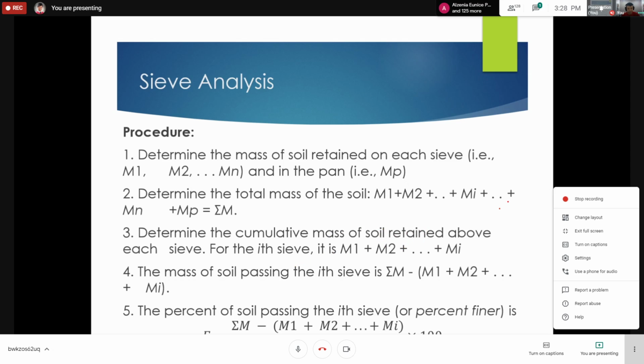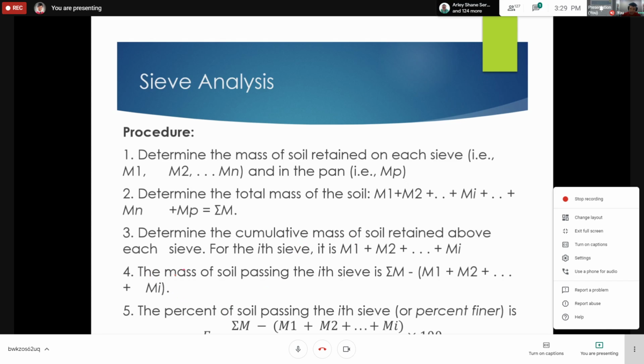Let's say the first one is its own retained mass. Then the second one is the first plus the second. For the third one, 1, 2, 3. For the fourth sieve, 1, 2, 3, 4. That is its cumulative mass. We will appreciate this more in the example later on.